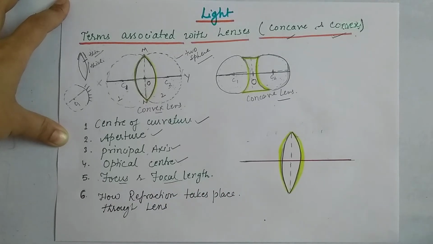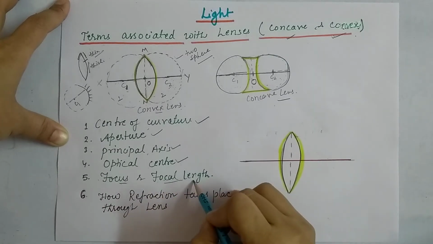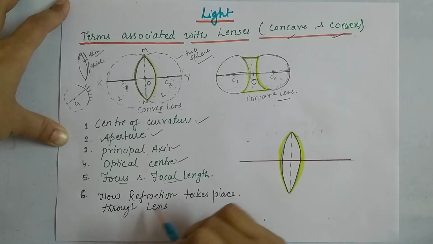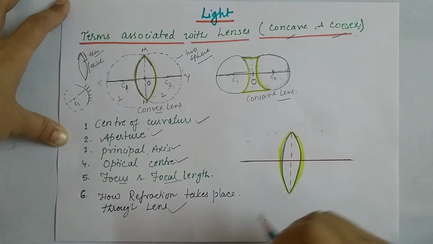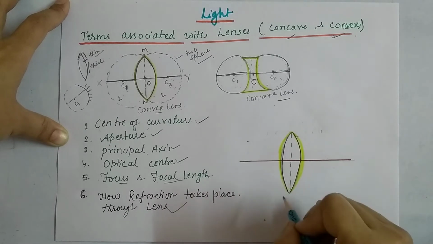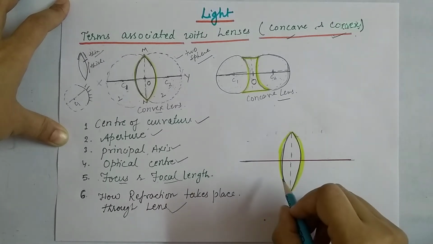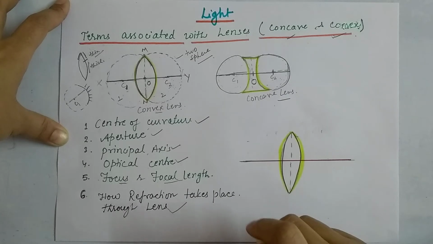Before understanding focus and focal length, first you have to understand how the refraction takes place through the lens. We know that in the lens refraction takes place, not reflection. It means bending of light will happen.